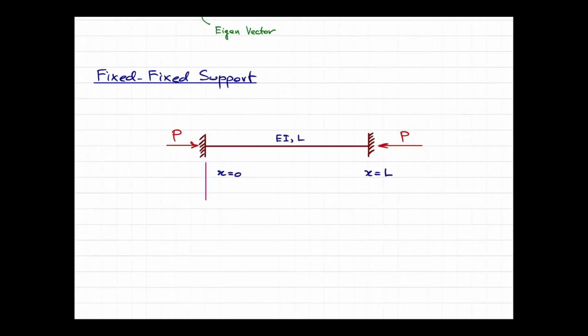Again, we cannot just assume these forces, lateral forces, and also the moment, so you have RA, you have RB.